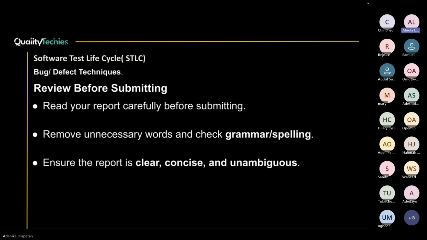So if you didn't bother to review it, to check again and see that this issue still persists, you just went ahead to send it. And as QAs, we want to come out and say, okay, these my defects are valid. And no matter how much you review it and go back to it, it's still a defect.